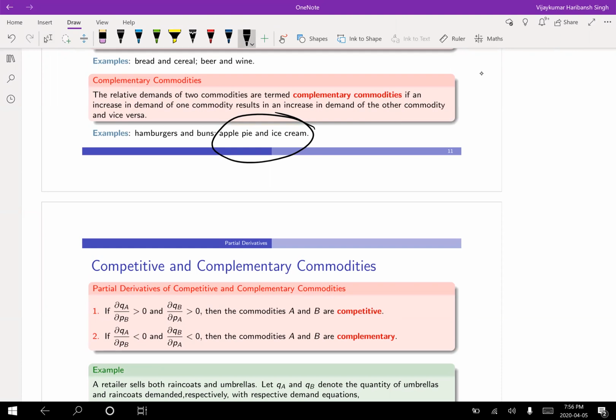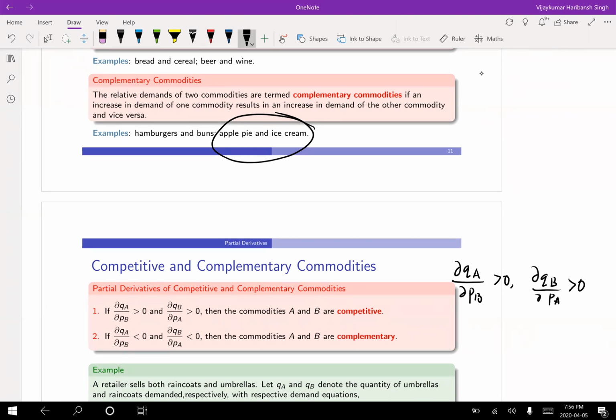So the things are competitive if you have the partial derivative of QA with respect to the price increasing.